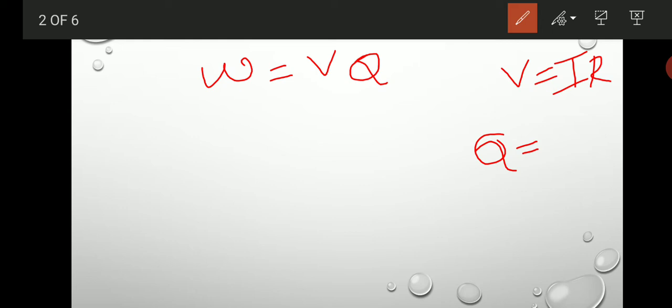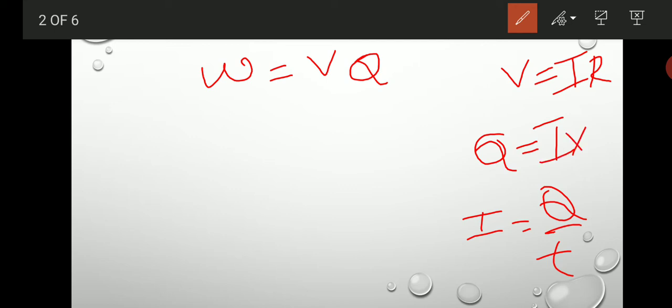So what is current? It is the flow of charges, that is I is equal to the rate of flow of charges, Q by T. Now if I rearrange this formula, Q becomes I into T. This is according to Ohm's law and this is according to the current.